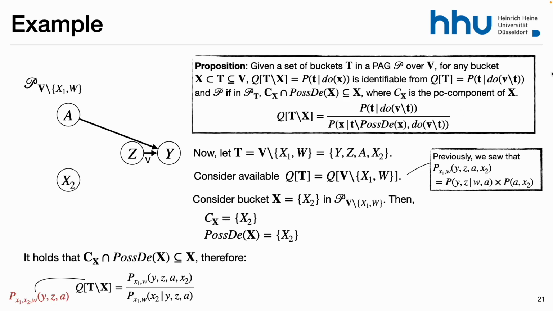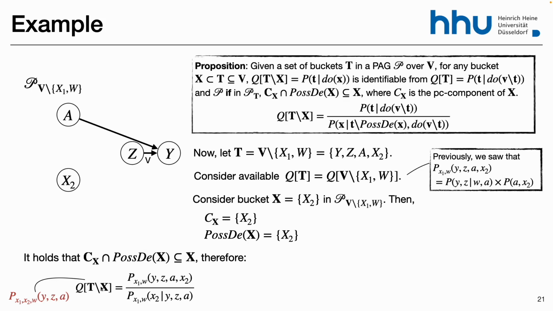When we apply the expression here, we have the distribution that we have available in the numerator. I'm using this notation, which I think I mentioned before: instead of using the do on the right side, I put the variables that are receiving the intervention as a subscript. I think at the end of the lecture it will be very clear why I'm doing this. So I have available the probability of y, z, a, and x2 given do x1 and w. I'm just using this other type of notation, but that's the expression for it.